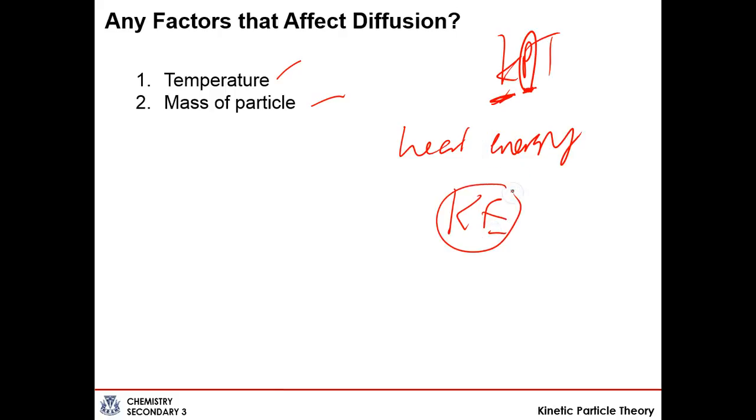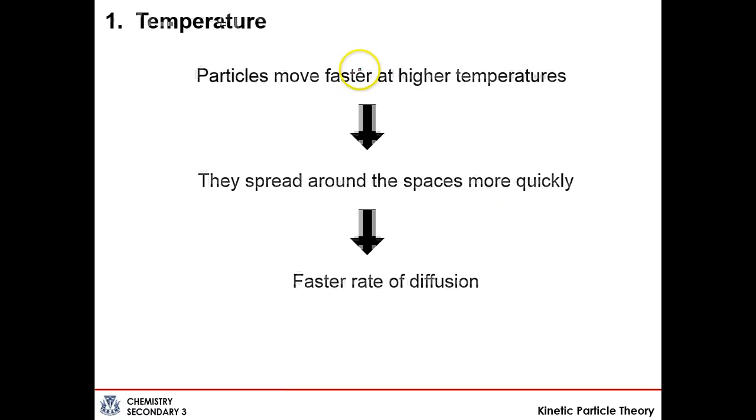So if they gain KE, it means that they have the ability to move faster. So higher temperatures, particles move faster. Heavier the mass, the particles move slower. So it means that at higher temperatures, my rate of diffusion will be faster. When the mass of my particle is heavy, the rate of my diffusion will be slower.